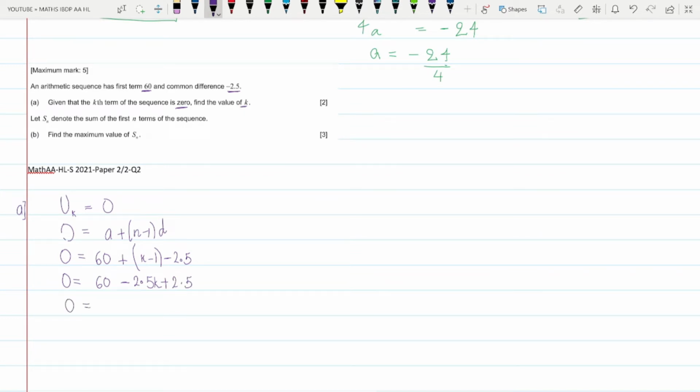So 0 is equal to 62.5 minus 2.5k. Shift 62.5 onto that side.